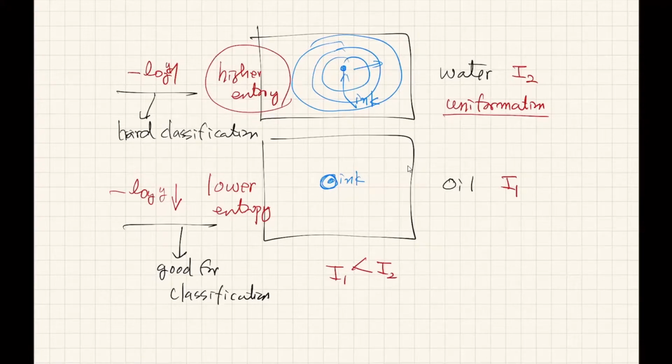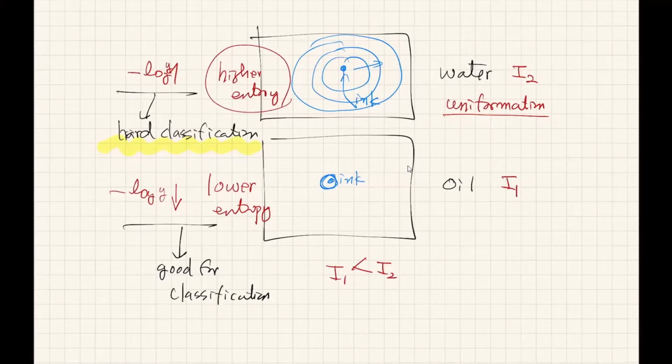It may not be a good solution for our machine learning purpose, because we want very clear, accurate classification. That is the property of our target, our goal of machine learning.